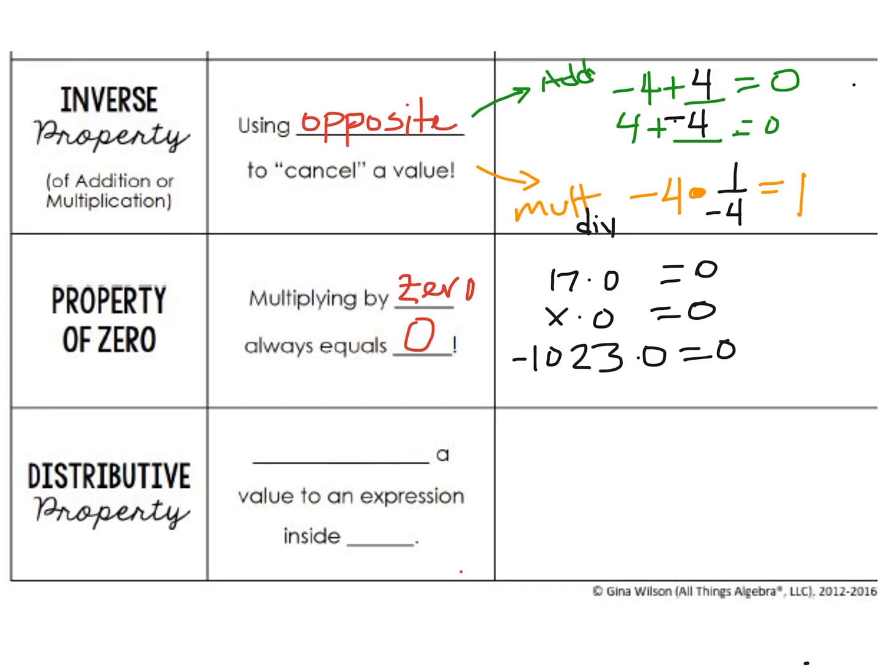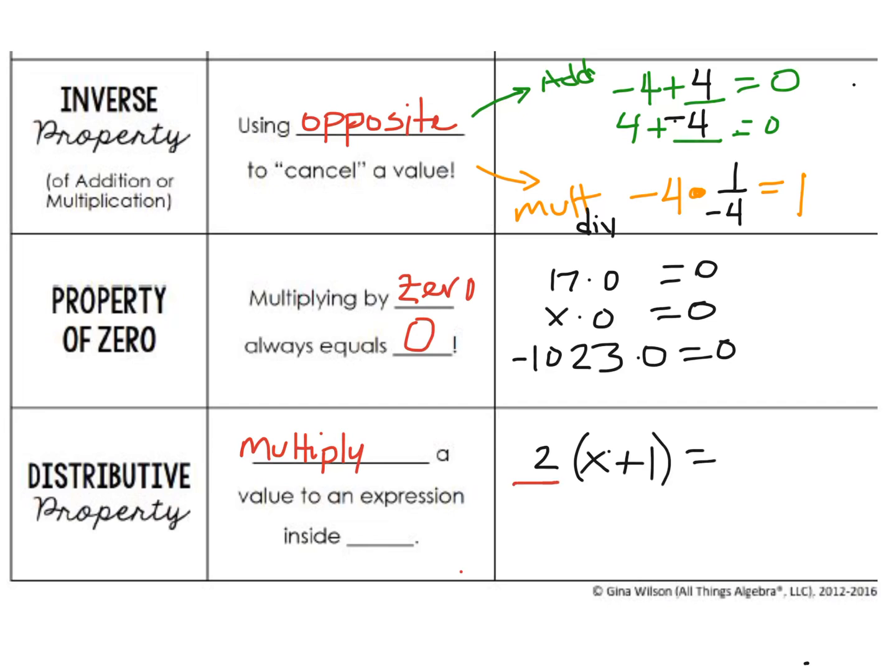And finally, on this side of my paper, we're going to do the distributive property. So if I were to write an example up here first, 2 times (x plus 1), and I asked you, what do I do to solve this problem? Most of you would know right away that I need to multiply a value.